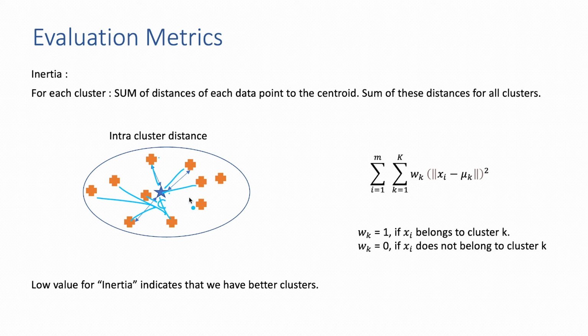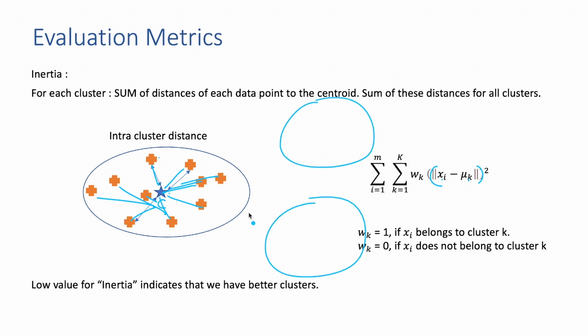And whatever differences I obtain, I'm now squaring them, squaring all the differences between a particular data point and its cluster centroid, in order to nullify the effect of negative values. And then obviously I'm going to take a sum of all of this for the different clusters that I have.